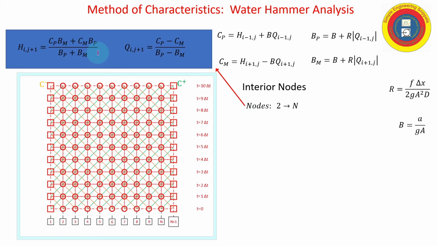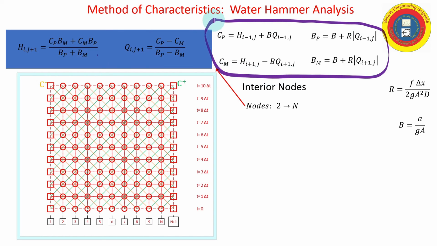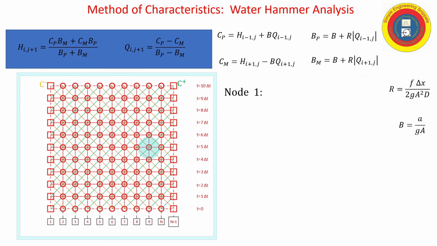And we've already got those equations. So those equations, along with these complementary equations out here on the right, that's everything we need to calculate the interior nodes. So we can march up in time with the interior nodes, but we still need the left-hand boundary, or node 1. Now that's a reservoir, so that's equal to the fixed grade in that large reservoir.